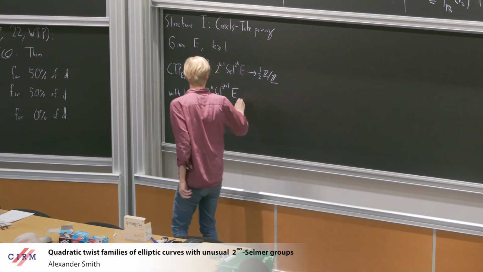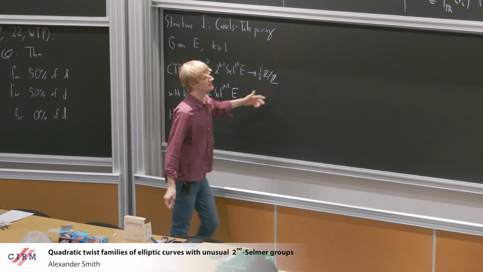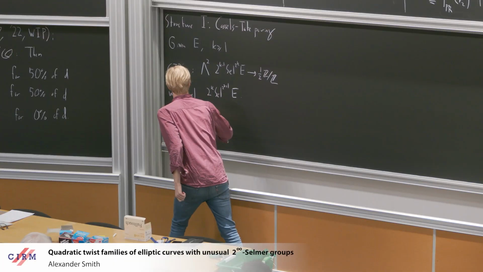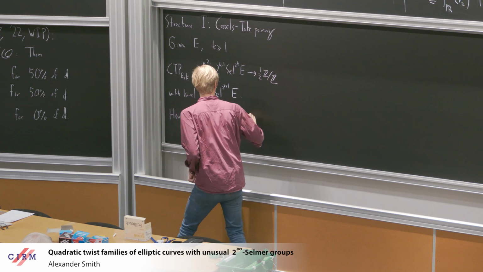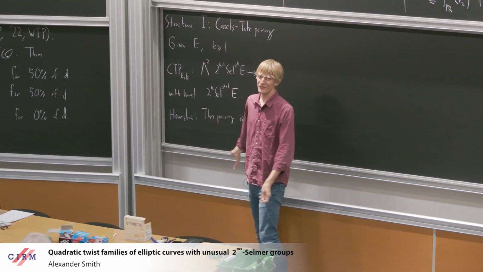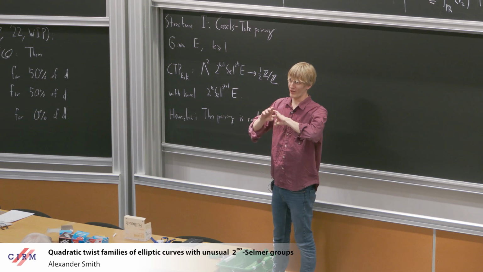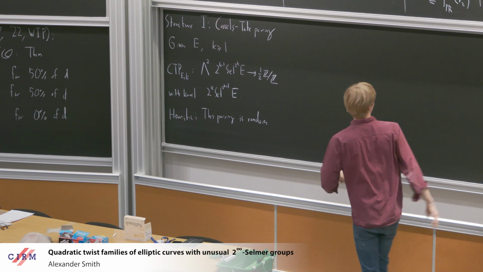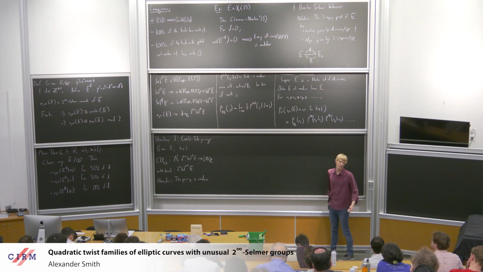And so the heuristic that I really recommend for understanding how higher Selmer ranks behave is that this pairing is random. So it can be any alternating pairing, and which pairing it is is uniformly chosen at random. And if that's true, then yes, the exact statistics we see from the BKLPR are what come out.